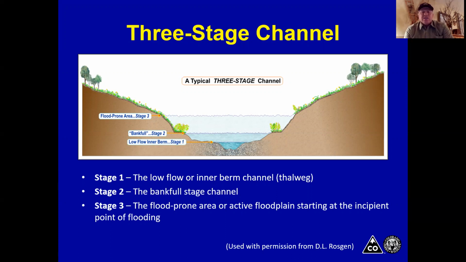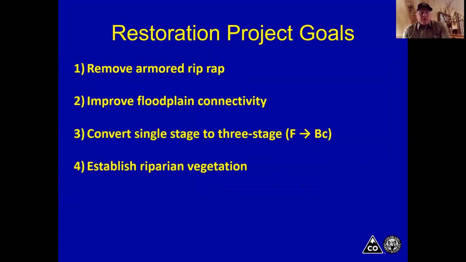Then you have flood prone area, which is just the active floodplain that starts at when floodwaters just barely begin to come out onto the floodplain, and then activates up to about a 25-year event.